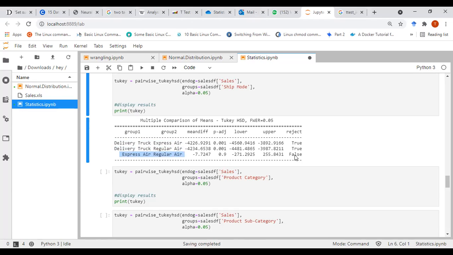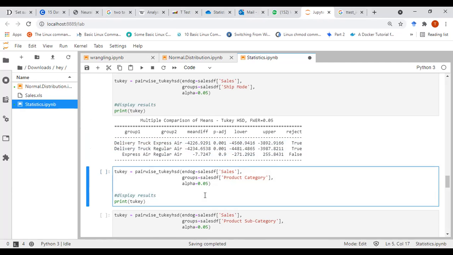So reject the null hypothesis in these 2 cases. You see, reject means reject the null hypothesis in these 2. So there's a significant difference of sales between the delivery truck and the air, which is understandable. So sales for the truck deliveries and sales for the air deliveries are significantly different from each other, which is understandable. Okay.